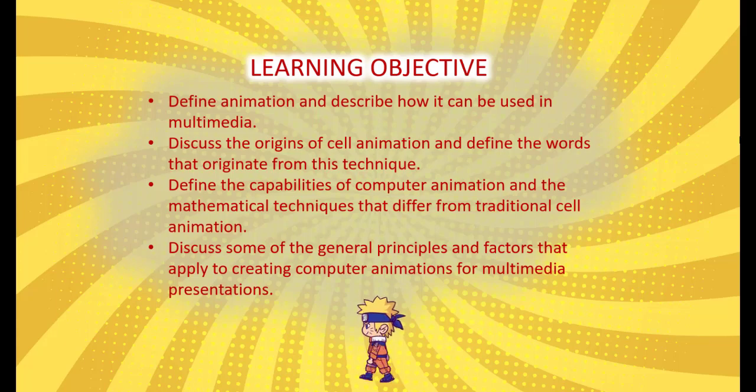Third, you must be able to define the capabilities of computer animation and the mathematical technique, which differs from the cell animation technique. Last point, you must be able to explain in brief the basic and general principles and factors that are involved in creating computer animation for a multimedia project.